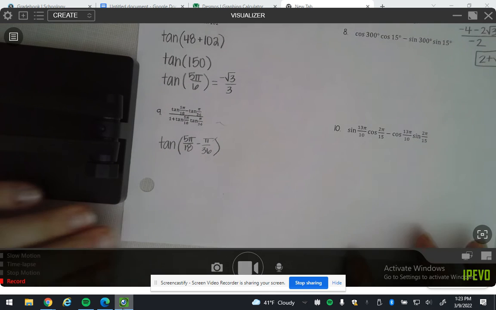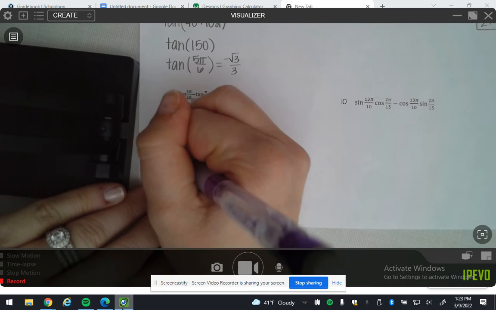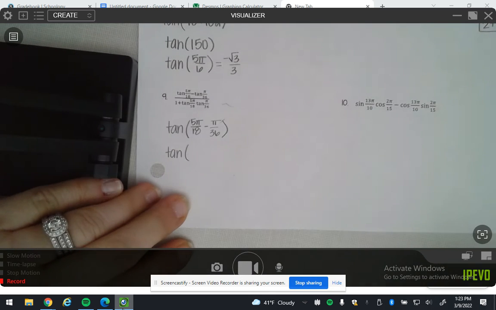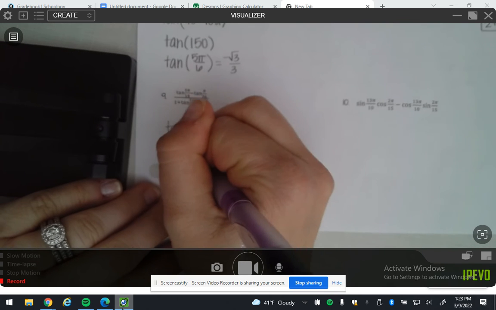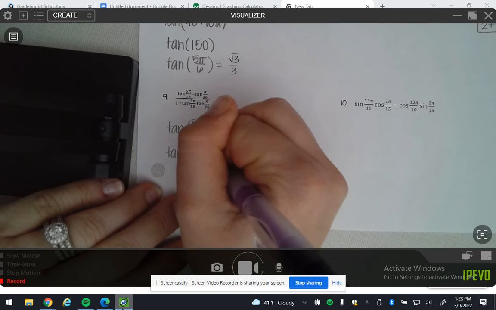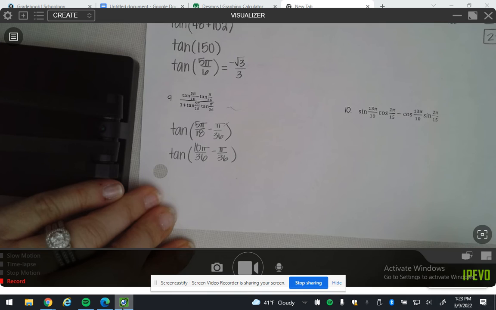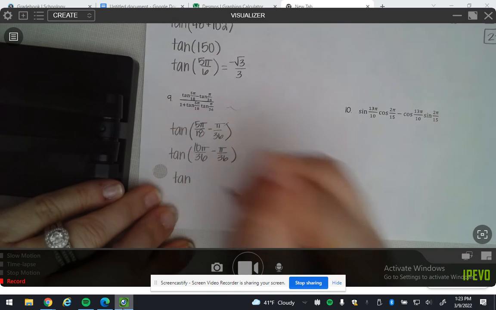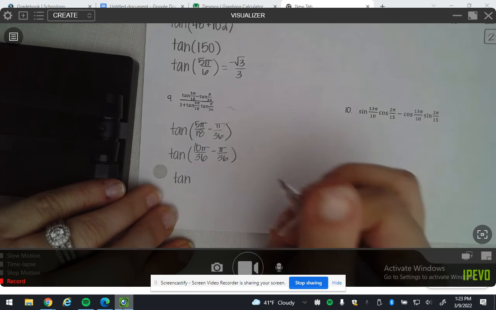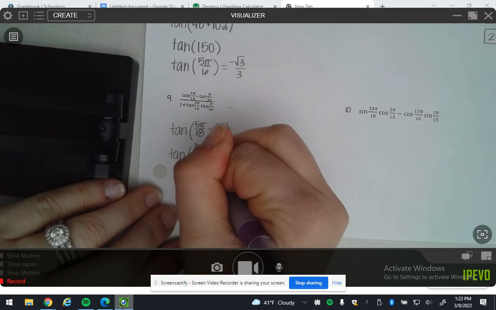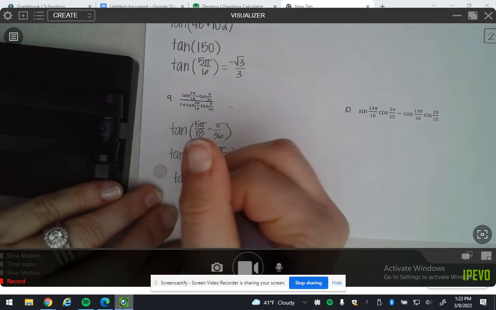Common denominator. What is it going to be? 36. So this is the same as what? 10 pi over 36 minus pi over 36. Do you have common denominators now? Can you subtract them? Well, what's 10 pi minus pi? This is 9 pi over 36. Can I simplify again?